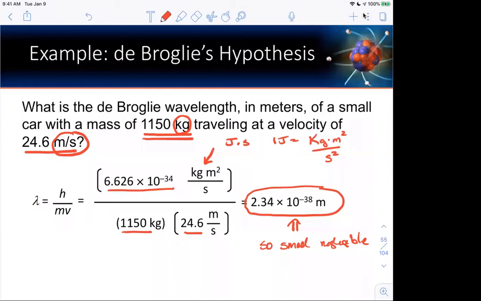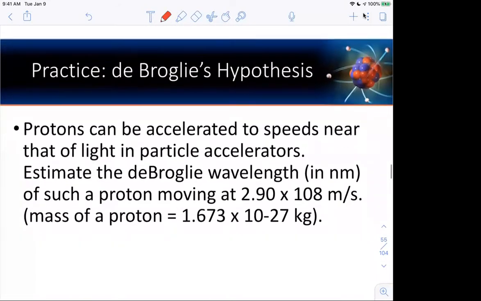But in the large macroscopic world, those values are so small that it doesn't matter at all. However, when I think about the width of an atom, the wavelength in an atom can be just as large as the atom itself, which means it's much more significant.